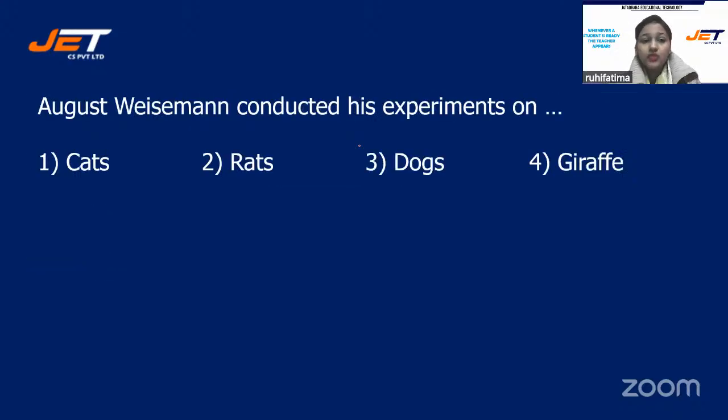Okay, next question we have. August Weismann conducted his experiments on, and your options are number one, cats, number two, rats, number three, dogs, or number four, giraffe?